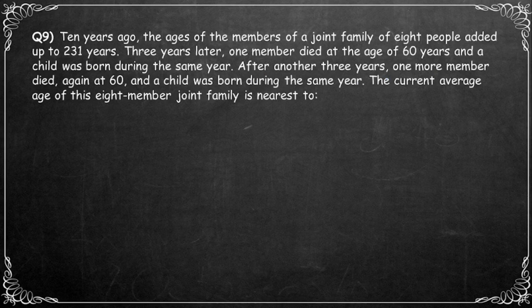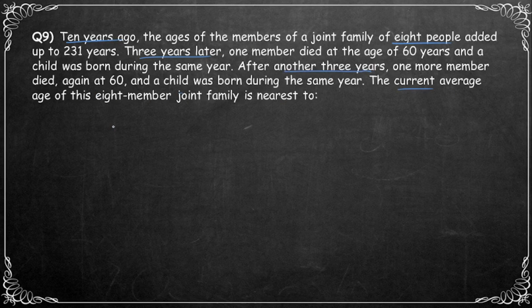The current average age of this 8-member joint family is nearest to. So we need to create a timeline for this. So there are 8 people and there are different events: 10 years ago, 3 years later, another 3 years later, and current, that means present.